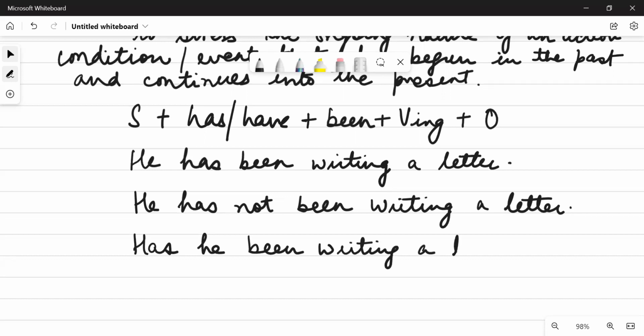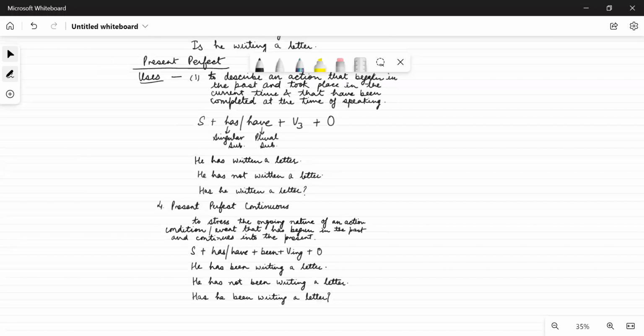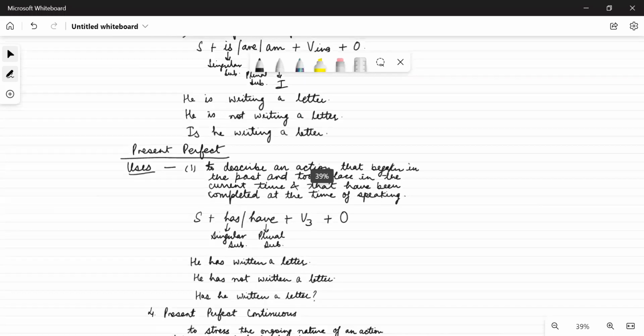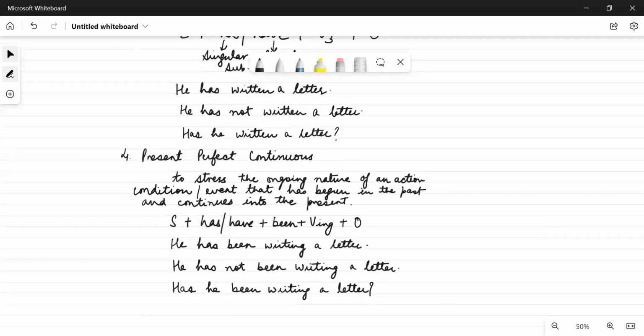All right. So this is all about present tense. And in this way, we have discussed all four types of present tense: simple present, present continuous, present perfect, and present perfect continuous.